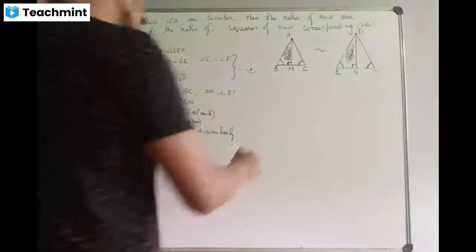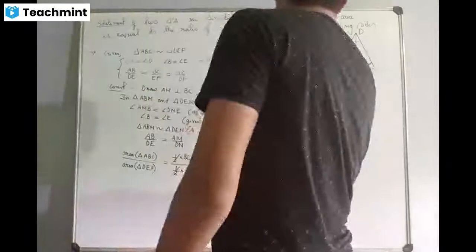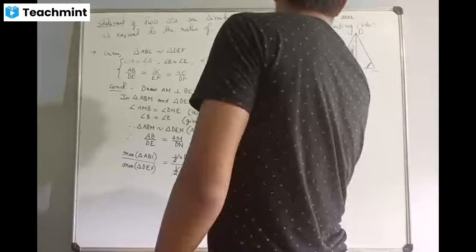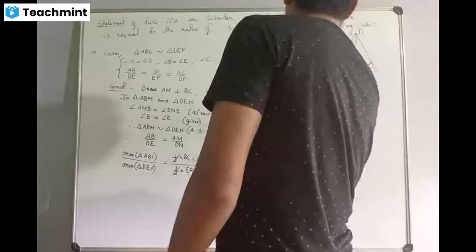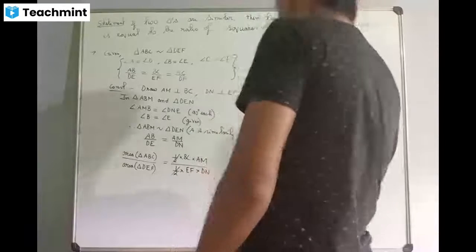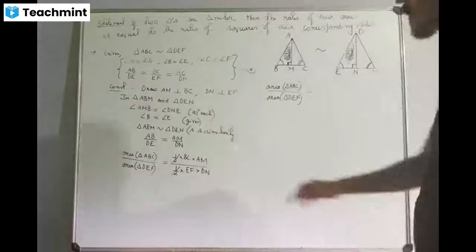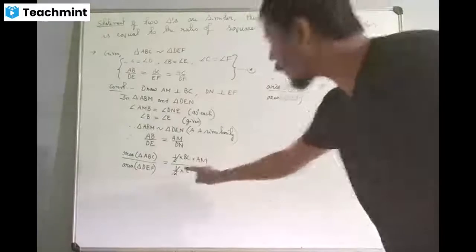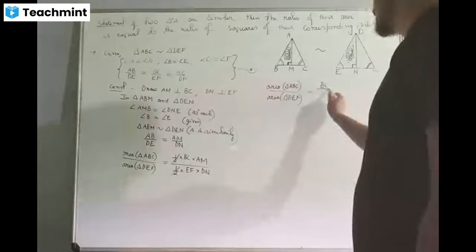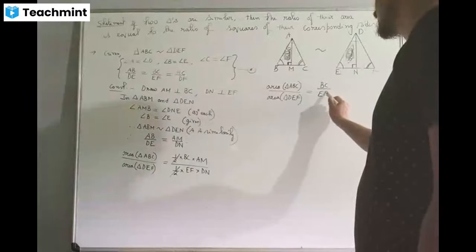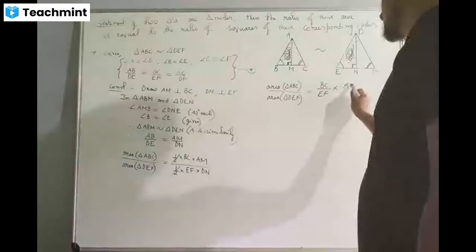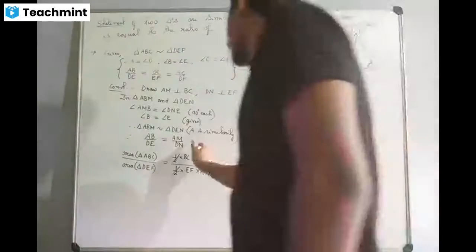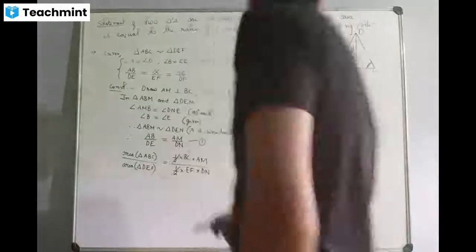We can rewrite this as area of triangle ABC upon area of triangle DEF is equal to BC upon EF into AM upon DN. Suppose this is equation number 1.